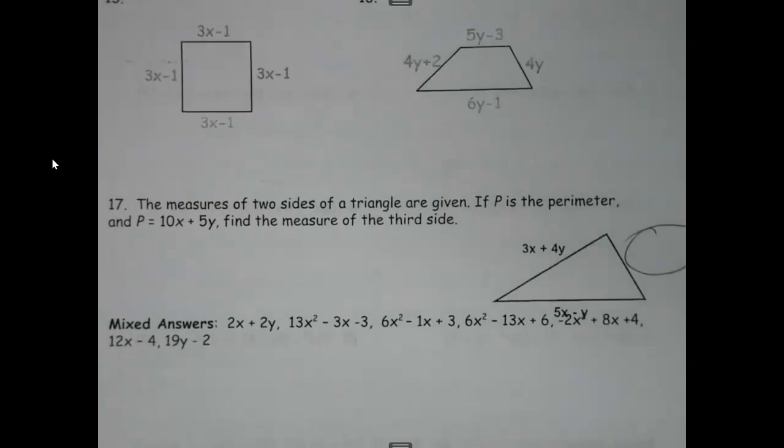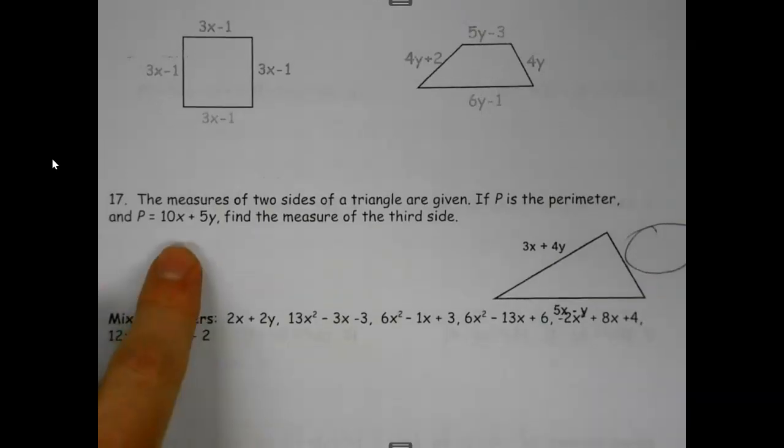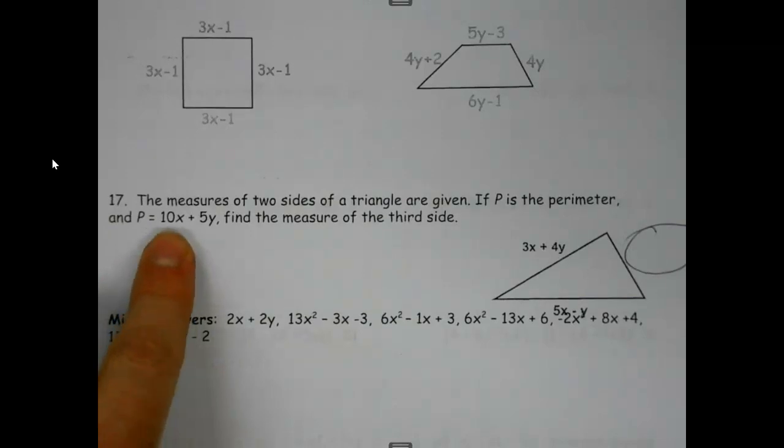What am I going to have to do to figure out the mystery side? Wait, is P the value? No, P is the perimeter. This is what the whole thing equals if I add up all three sides.